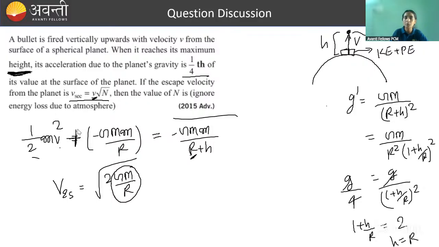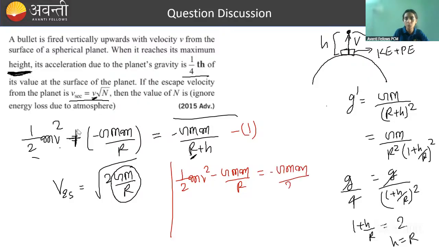So if h equals R, then what can you do in the first equation? Here, put the value of h as R and solve it. If you solve it, you will get how much? Half mv square minus GMm by R is equal to minus GMm by 2R. If you again solve it, half mv square is equal to plus GMm by 2R.